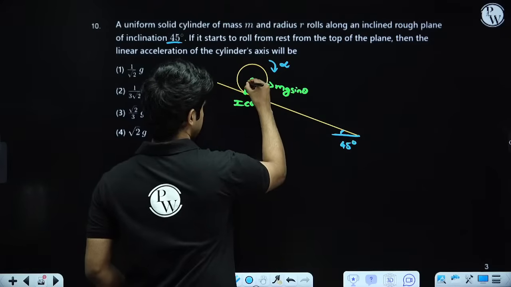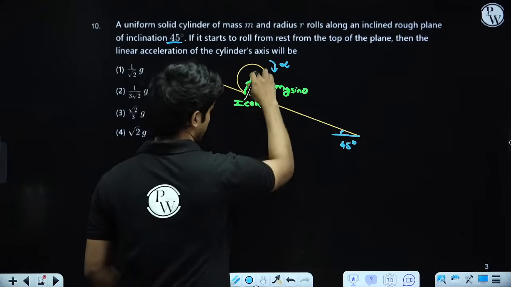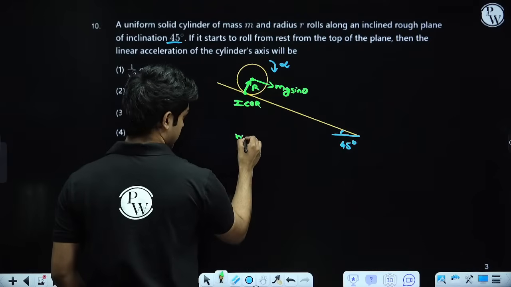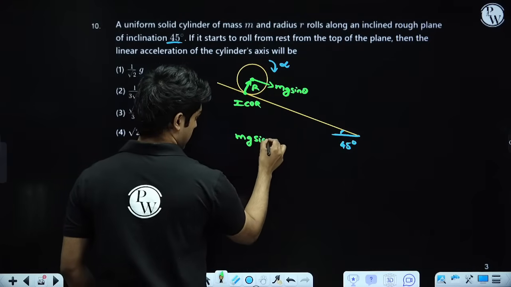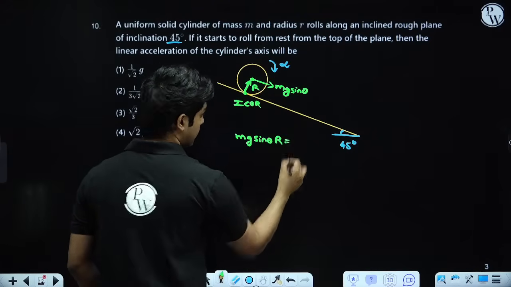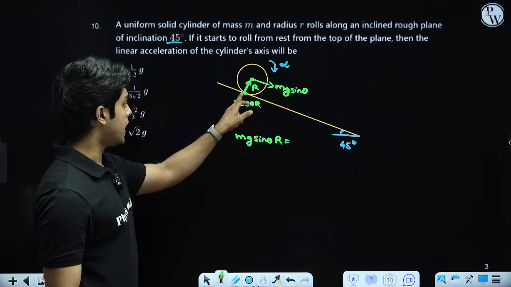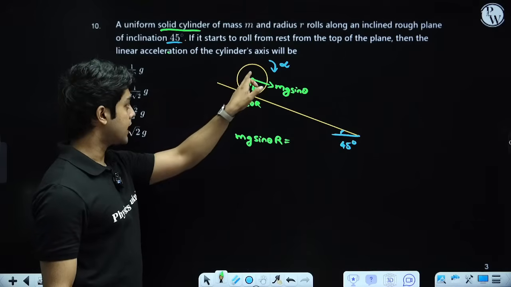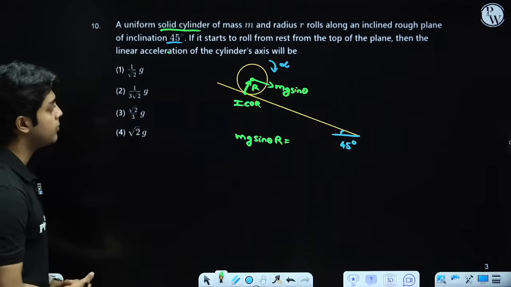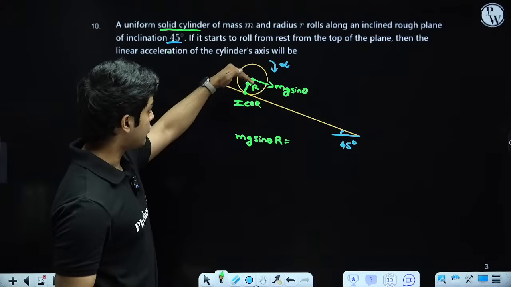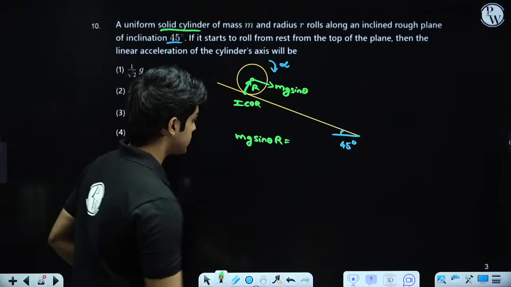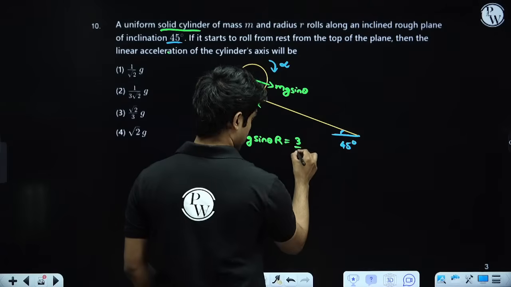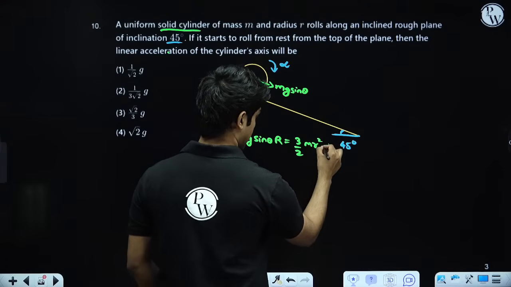So this distance is r. So the clockwise torque will be mg sin theta multiplied with r. This will be equal to the moment of inertia about ICOR. This is a solid cylinder. So about the central axis, the moment of inertia will be mr square by 2. We have to add an mr square, which gives 3 by 2 mr square, times alpha.